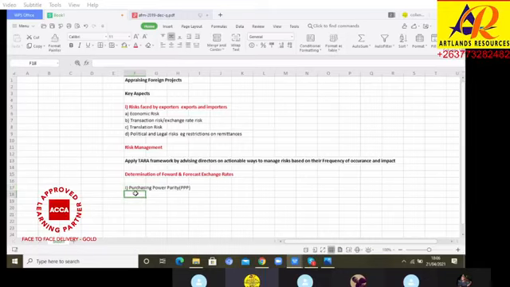It simply says exchange rate movements reflect inflation rate differentials between the currencies involved.